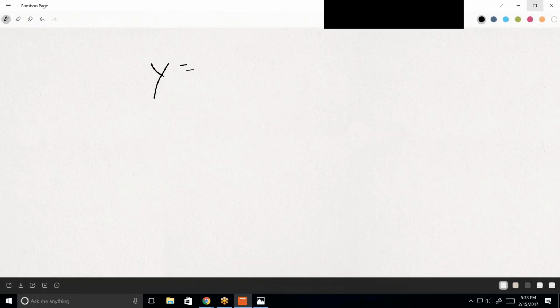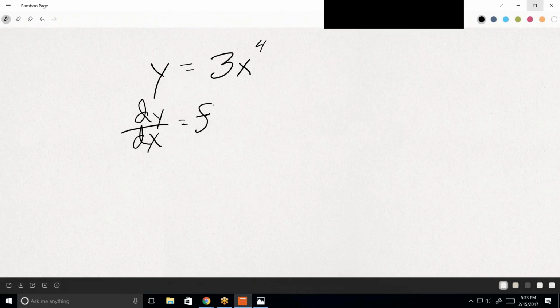If y equals 3x to the 4th power, then dy/dx, which incidentally is the same as f prime of x, same as delta y over delta x, same as y prime. All of those things mean the same.